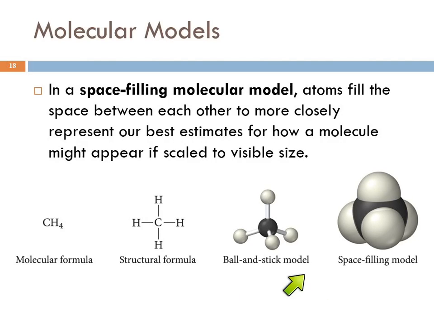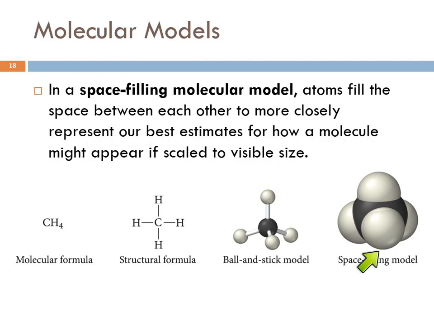So here we see these different representations. Molecular formula, structural formula showing how they're connected, a ball and stick model. The nice thing about this is you can very clearly see how things are connected and you get the shape. Those are hard to draw though. And then the space filling model.